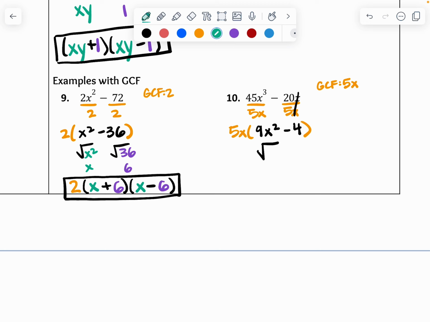Square root of 9x squared is 3x, and the square root of 4 is 2. So my answer is 5x times 3x minus 2 times 3x plus 2.